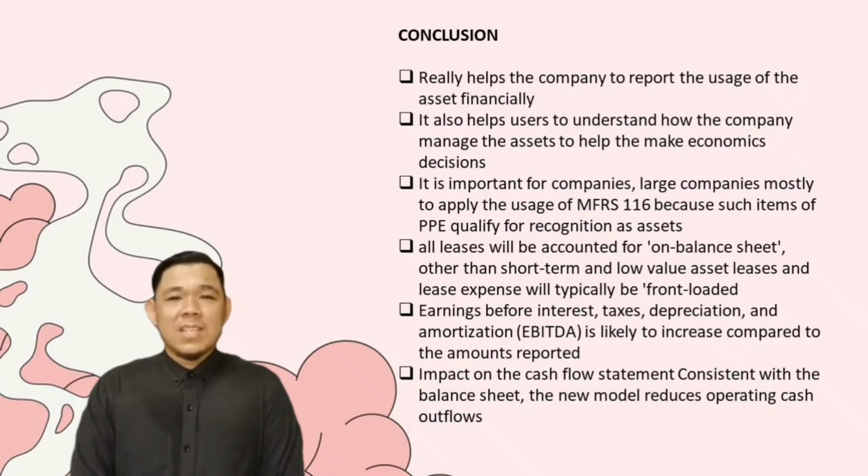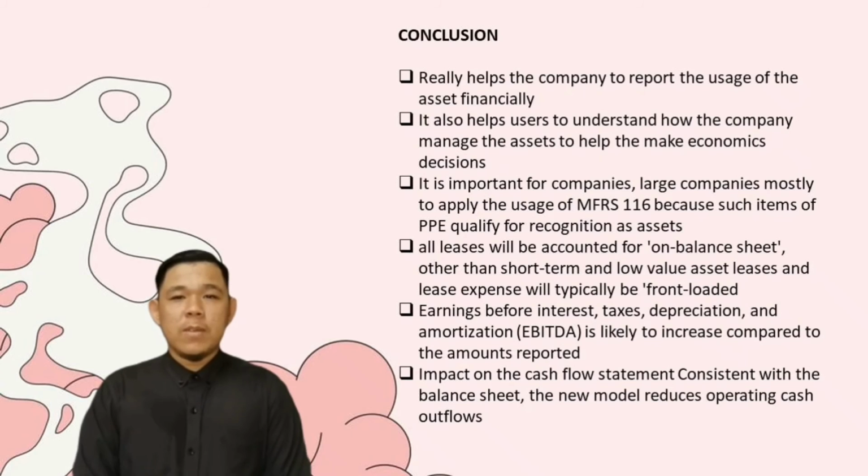Earnings before interest, tax, depreciation and amortization (EBITDA) is likely to increase compared to the amount reported today because a lessee will present the implicit interest component of operating lease payments as part of finance cost, whereas today the entire lease expense is included within operating cost.